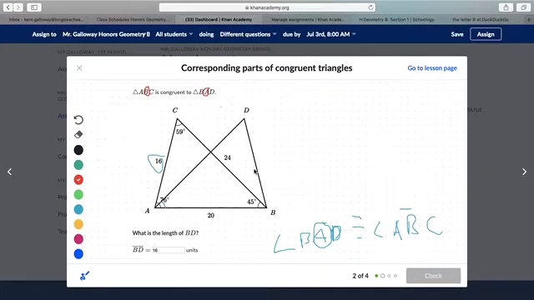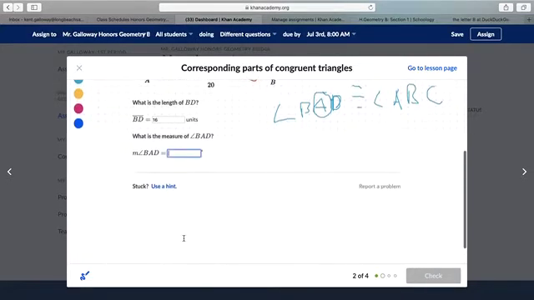So what is ABC? B is right here. ABC is 45. Corresponding parts of congruent triangles are congruent.